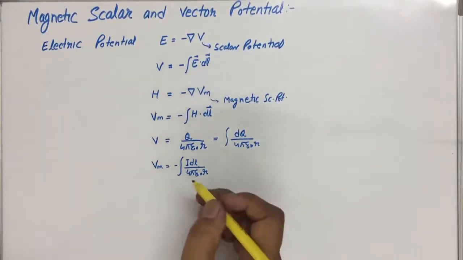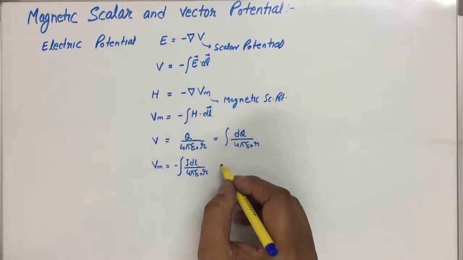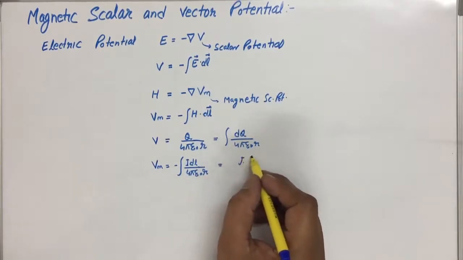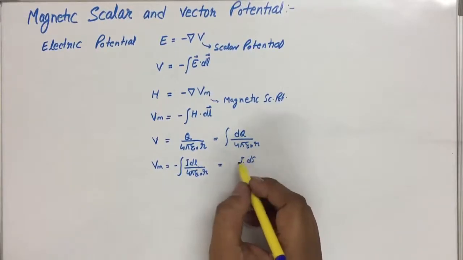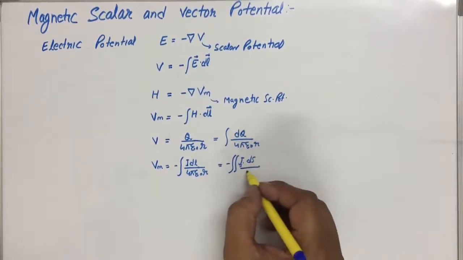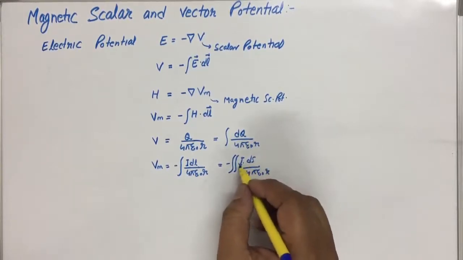This will be the magnetic scalar potential. If a line current is there, then this will be I dl, and if we have a surface current, then we will say J dot ds, where J is the surface current density, and this is for the surface integral, and the denominator will remain the same.